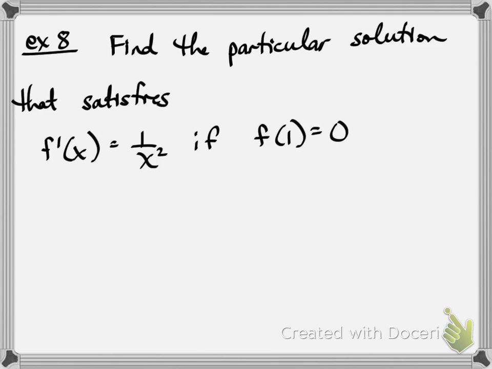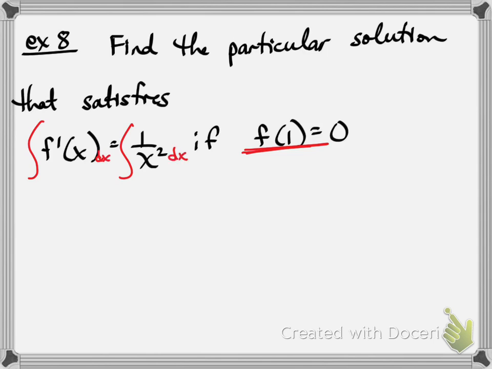Okay, so what we would do is they're wanting us to integrate this to get it back to f of x. So we're going to integrate both sides, and when we integrate, we do it with respect to x in this one.